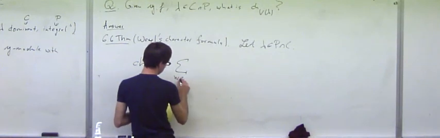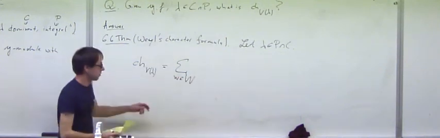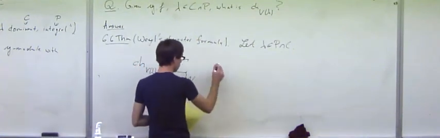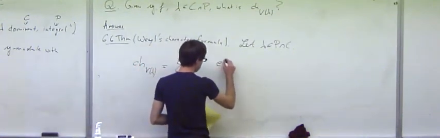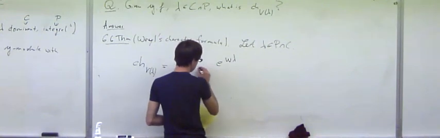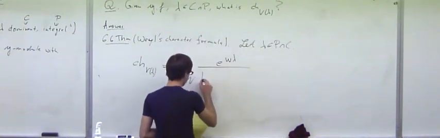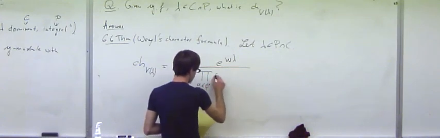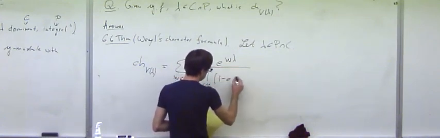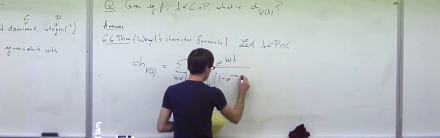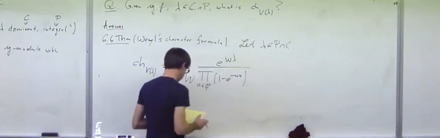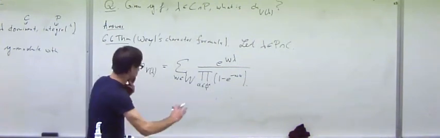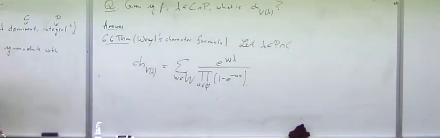The sum is over all elements of the Weyl group: e to the w lambda divided by the product over all positive roots of 1 minus e to the minus w alpha. So that's the formula. But let me explain some things.